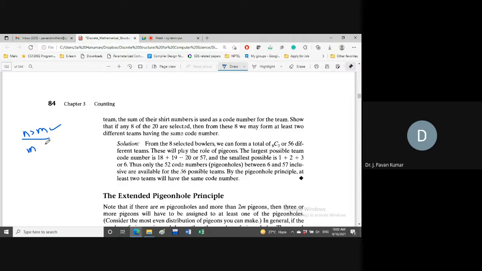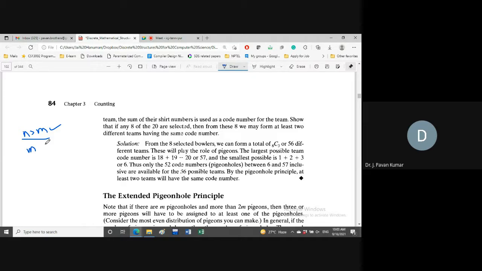But if we have only five pigeonholes and 500 pigeons, then saying there exists at least one pigeonhole with more than one pigeon is trivial. Then what meaningful or useful information can we draw from this observation?